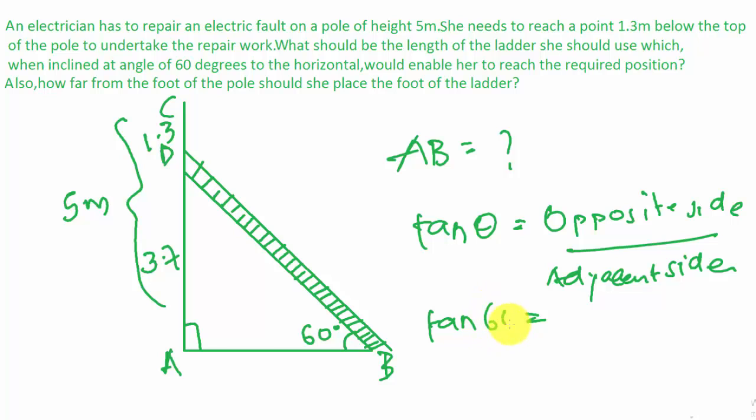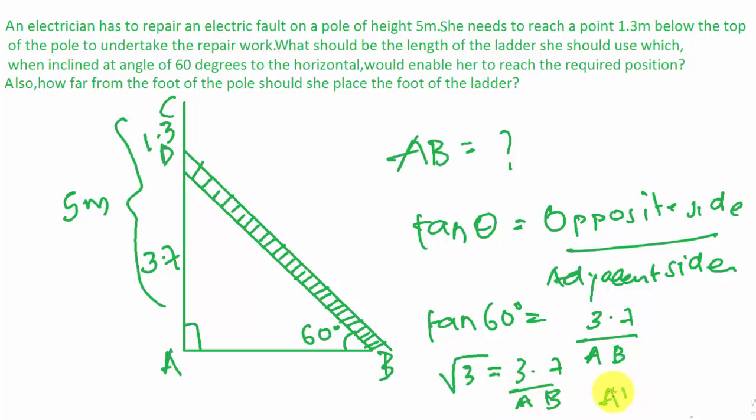Tan 60 degrees is equal to 3.7 divided by AB. Now what's tan 60 degrees? Tan 60 degrees is root 3. Root 3 is equal to 3.7 divided by AB.